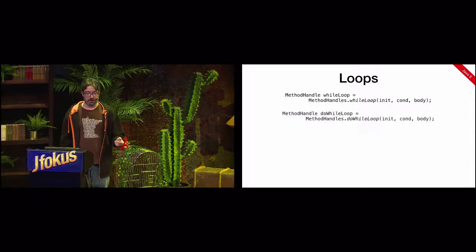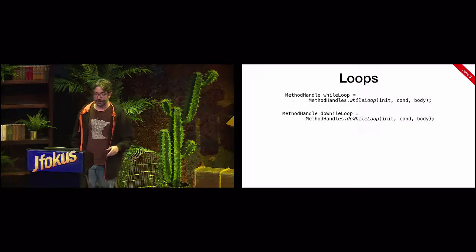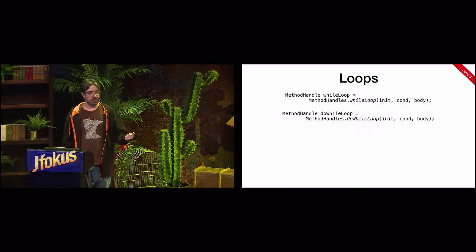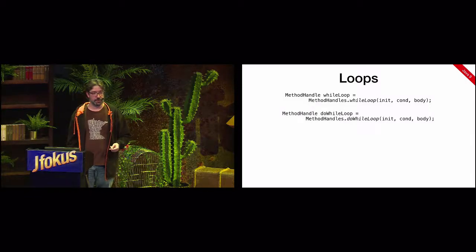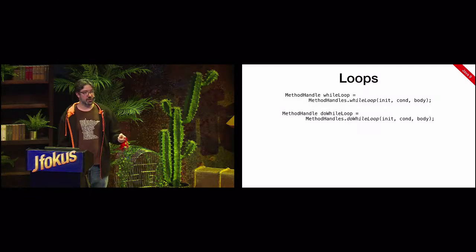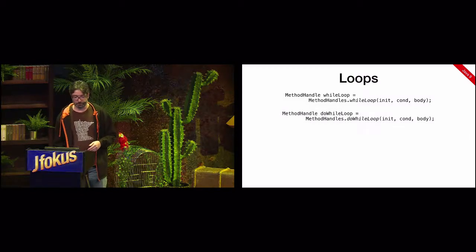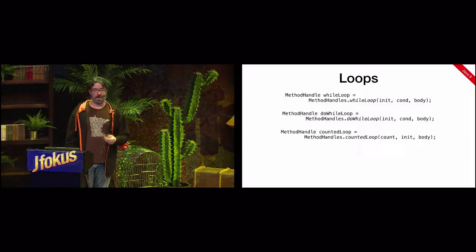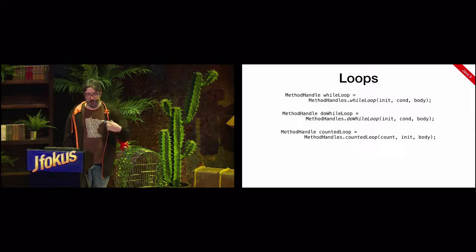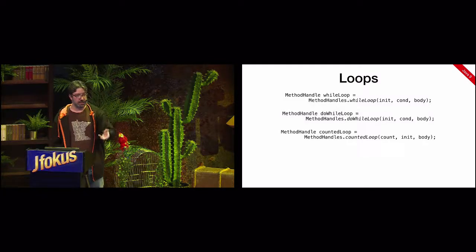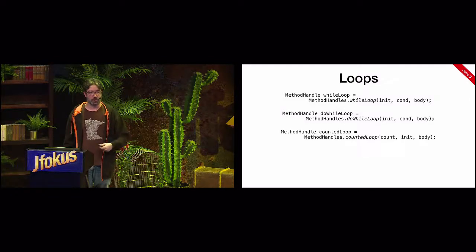So the simple ones, like a while loop or a do while loop, are available with an initialize that sets up whatever state you're using for the loop, the condition that should be checked on each iteration, and the body that should be executed for each loop. We can also do a counted loop and just say, execute this handle a certain number of times, execute this body a certain number of times. We've got our count, we have the initialization, and we have the body that we want it to call. Similarly, there is an iterated loop.